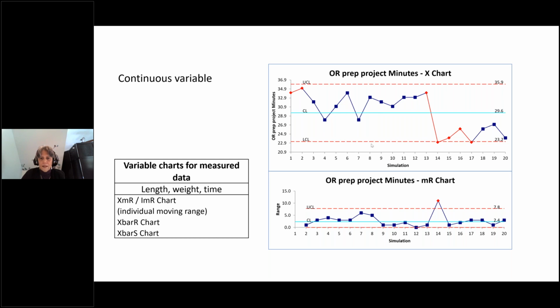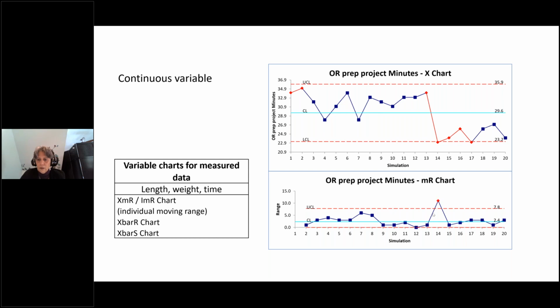And this is the second half of the continuous variable chart. And this is sort of the stability of the first chart. So the changes here are proportional to the changes here. So for instance, you'll notice there's no point 1, because it can't measure that change until there's a second data point in the X chart.